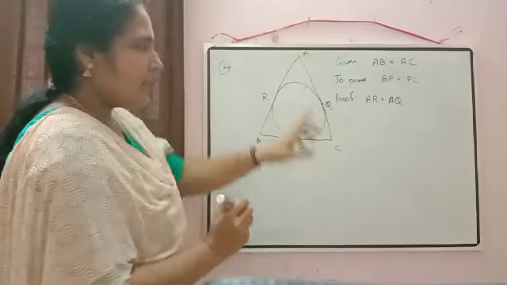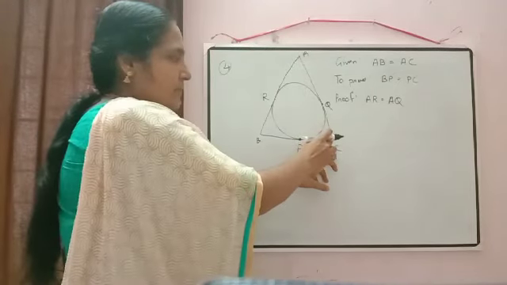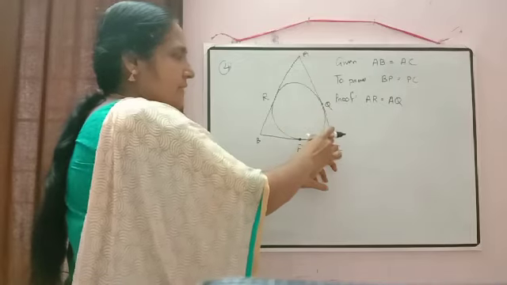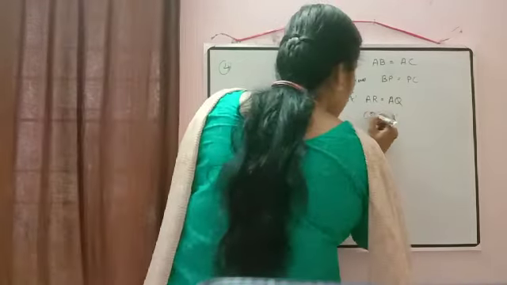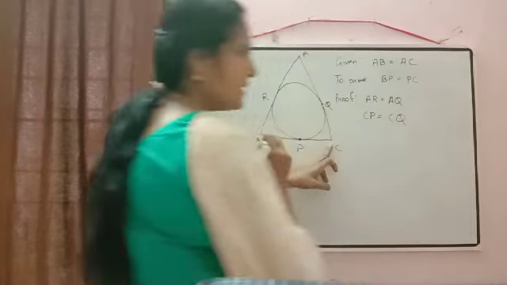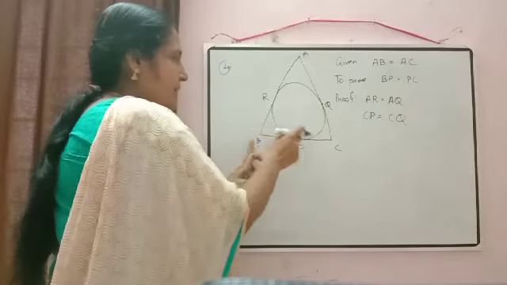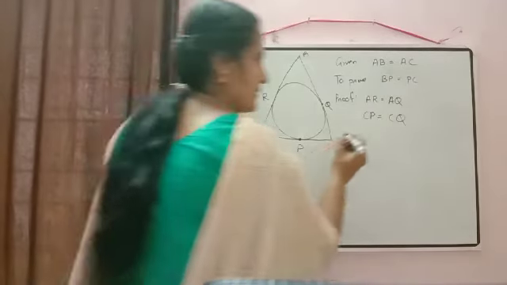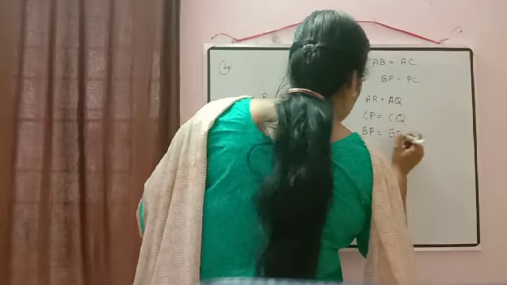Correct? Similarly, C is also outside the circle. So from the point C, two tangents drawn, that is CP and CQ. So write down there CP is equal to CQ. The next one. From here, what we will get? BP is equal to BR. So just write down there, BP is equal to BR.